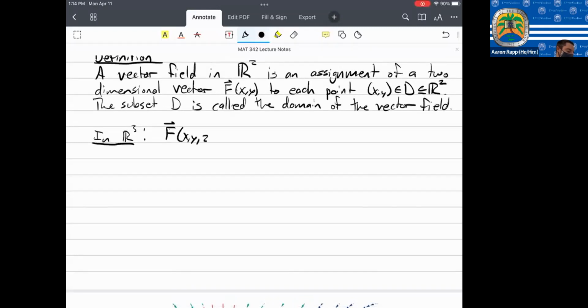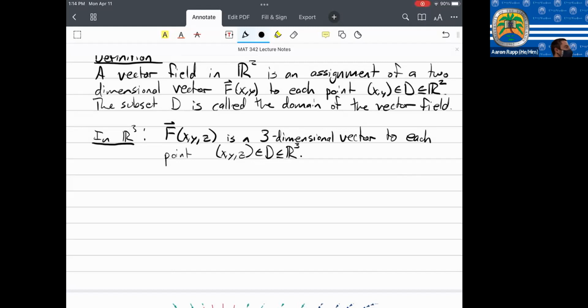My vector field, depending on my position, assigns a three-dimensional vector to each point X, Y, Z in some domain that is a subset of 3 dimensions.